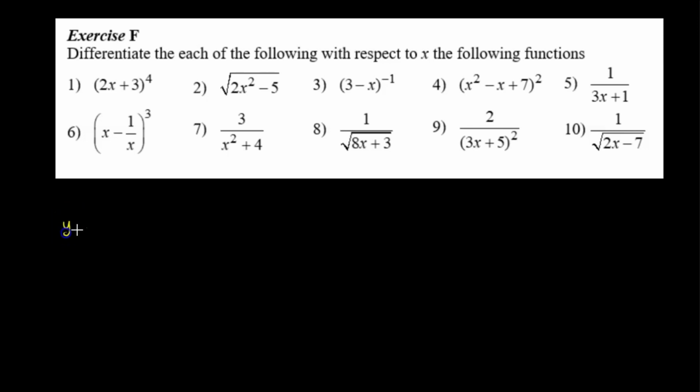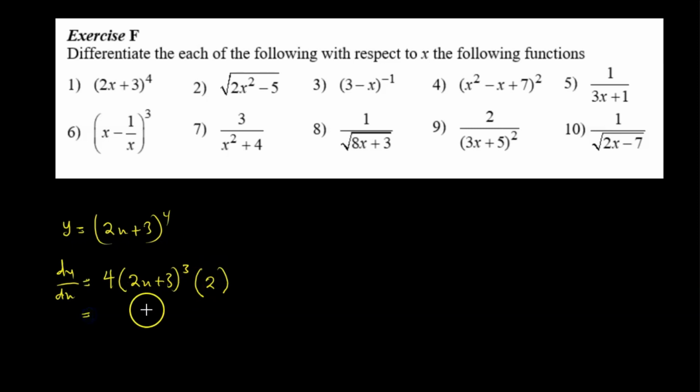So we have y equal to 2x plus 3 all to the power 4. So dy dx will be equal to, differentiating what is outside the bracket, 4 into bracket 2x plus 3 to the power 3. You subtract 1 from the power, multiplying by the derivative of what is inside, which gives us 2.